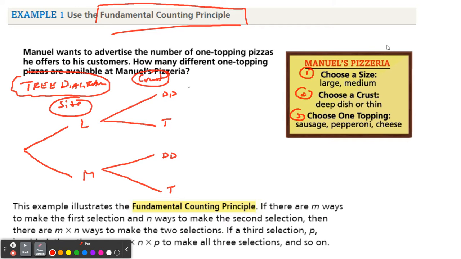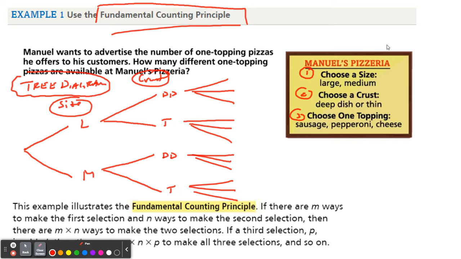From each of these, I need to draw 3 and 3. That's why it's important to spread these out. It says sausage, pepperoni, cheese, for each one. This is the fundamental counting principle where we have size, crust, and topping to choose from.